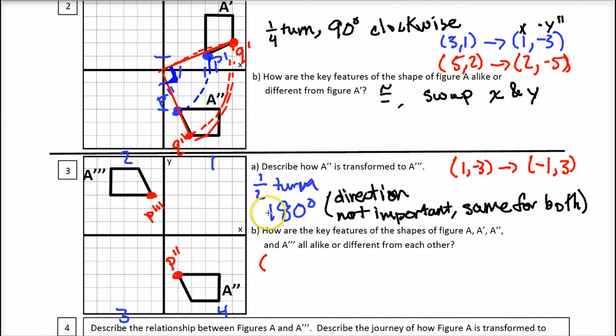Ooh, that's interesting. All right, now for green, we'll do the Q double prime up to the Q triple prime. To go from Q double prime to Q triple prime, we were at 2, -5, and then that changes to -2, 5.